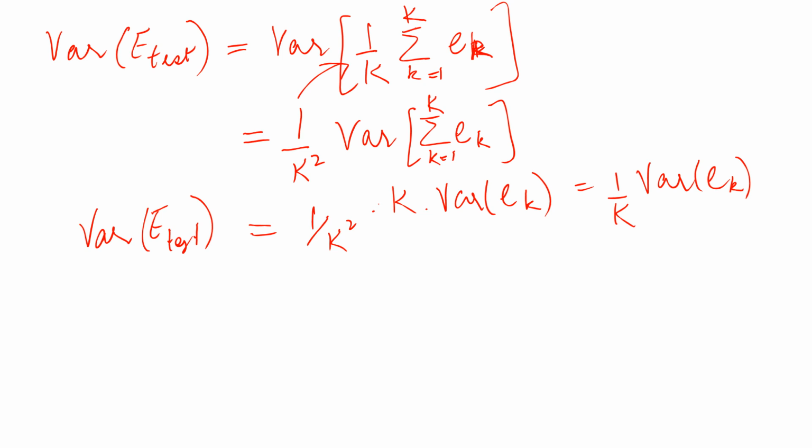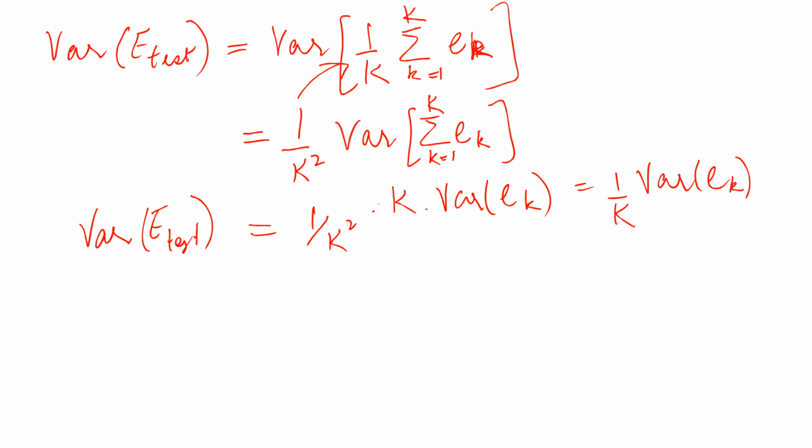Okay, so we have the variance, we have the expectation of the E test, right? We have both of them. And so we can say that the test error is the unbiased estimate of the out of sample error, and it obviously has some variance in it, right?